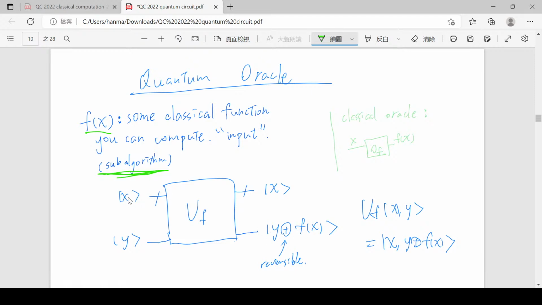The input has x here, and you only read the input and it will still output x. And there is a record register y. For now you can think of y as 0, although you will later see that you can do something funny here. So there's some record register that might start with something y, but the important thing is it will write down this f of x here.